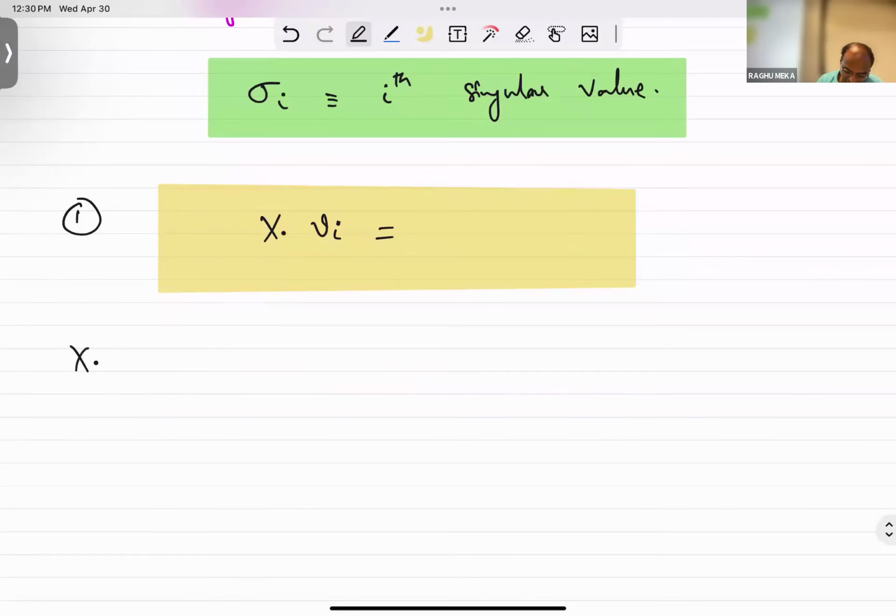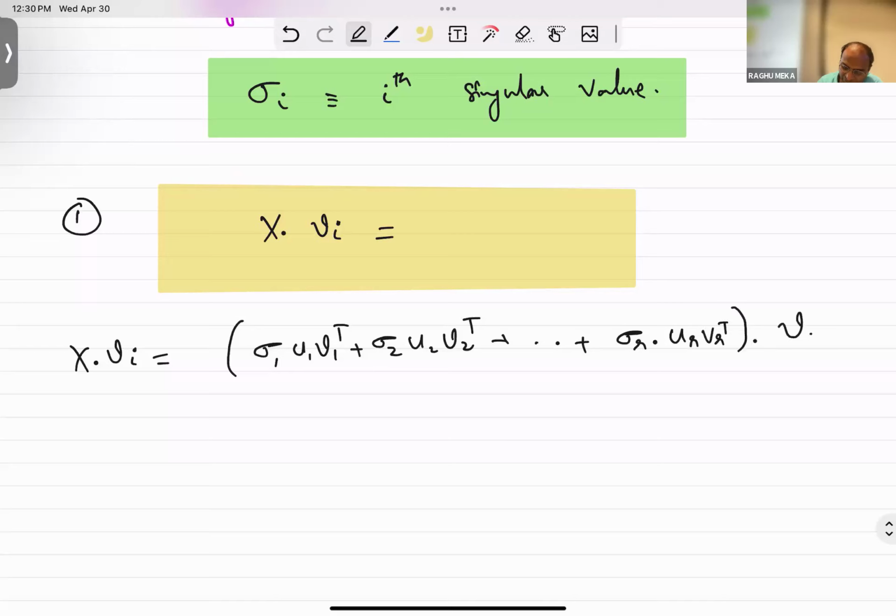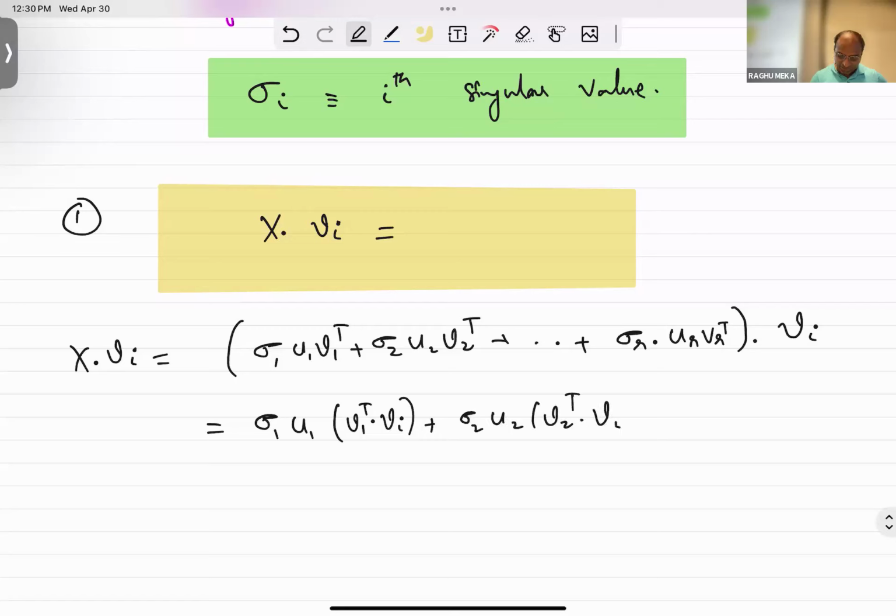So X times v_i is sigma_1 times u_1 v_1 transpose plus sigma_2 times u_2 v_2 transpose plus so on, sigma_r times u_r v_r transpose, times v_i. So what do you think will happen when I multiply v_i with this product? Any guesses? Well, at the very least, I can expand it out, and I get sigma_1 u_1 times v_1 transpose v_i, sigma_2 u_2 times v_2 transpose v_i, plus so on.